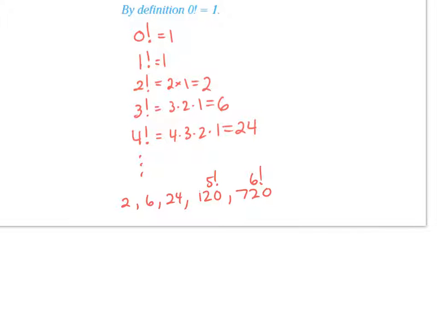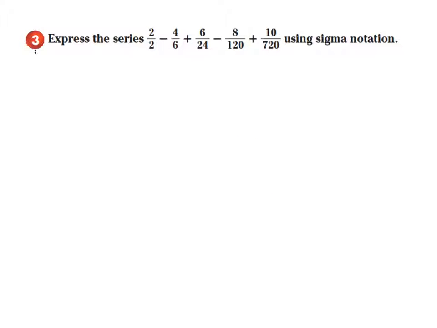The reason why I'm saying that is because if you look at these values, 2, 6, 24, 120, 720, if you look at the next example, that's exactly what my denominator is here, right? So already I know that I'm going to have some sort of factorial value there.